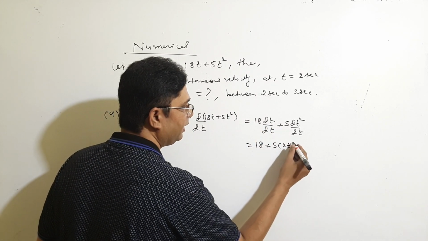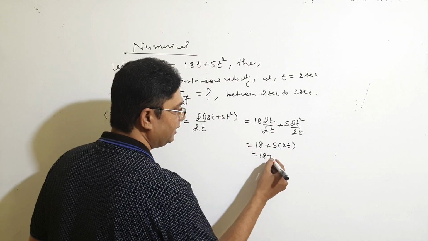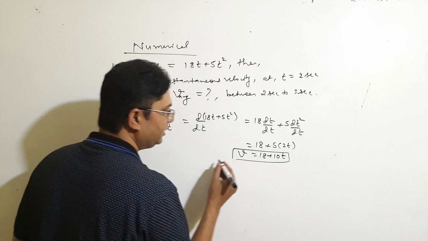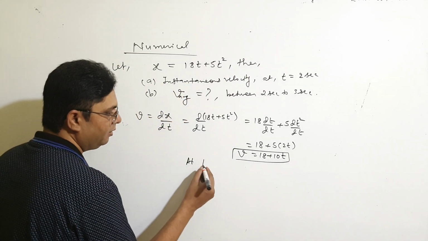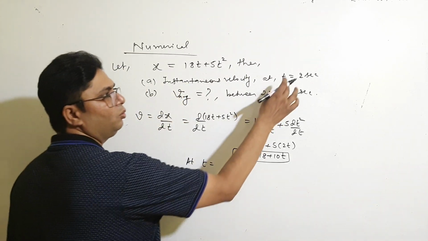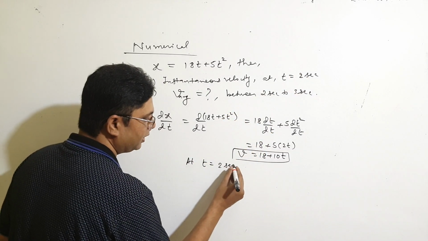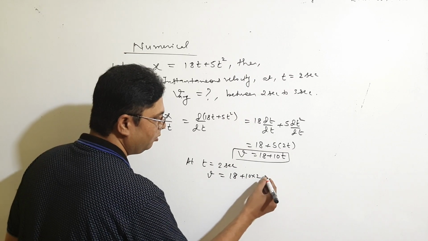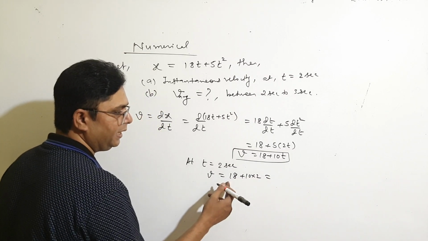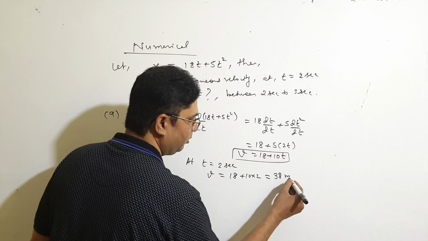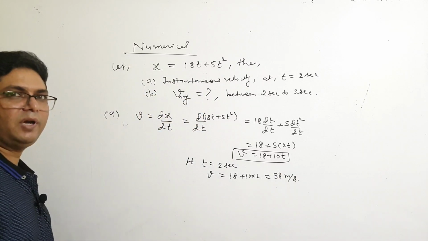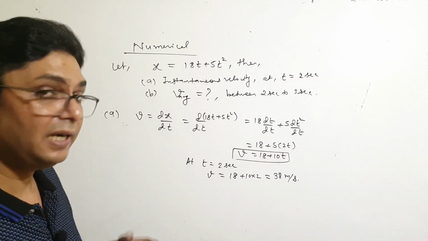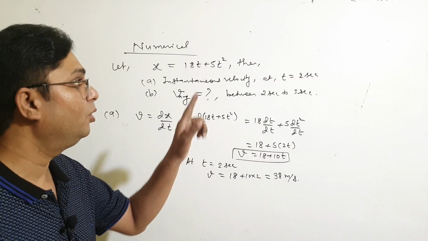Here you have 2t. So this is 18 plus 10t. So you have v equals 18 plus 10t at t equals 2 seconds. v is equal to 18 plus 10 into 2. So it is 20, and here 18. This is 38 meter per second. Thus we have magnitude of velocity is 38 meter per second, instantaneous velocity at that instant of 2 seconds.